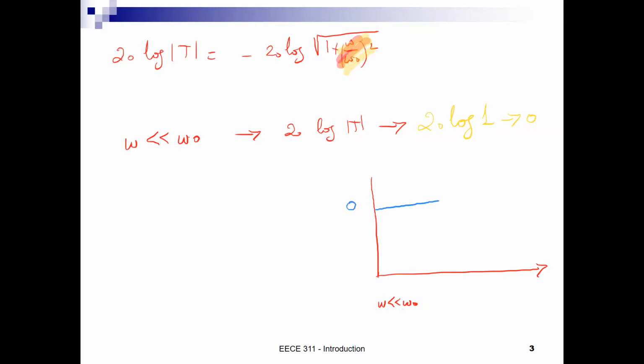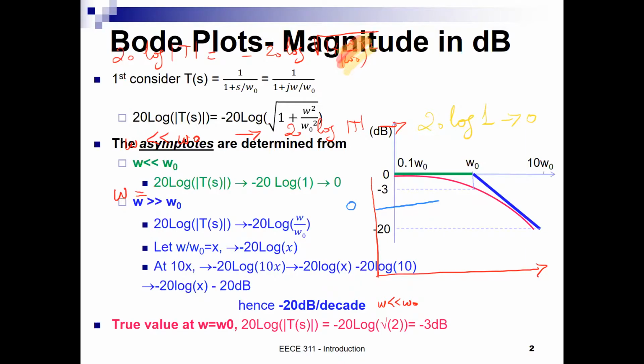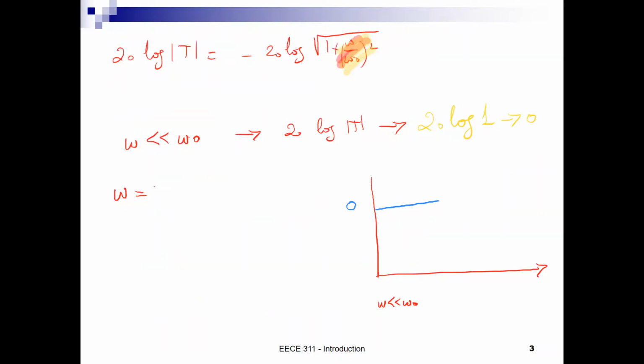And then the second thing which we're going to look at here is if omega is much greater than omega 0, what does the expression become? What does this expression become here?